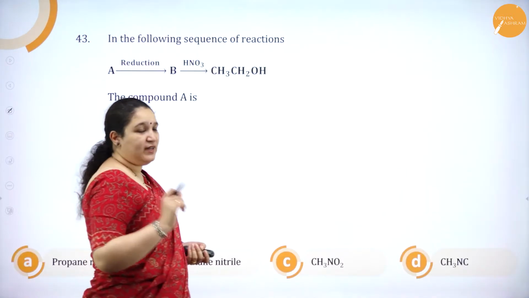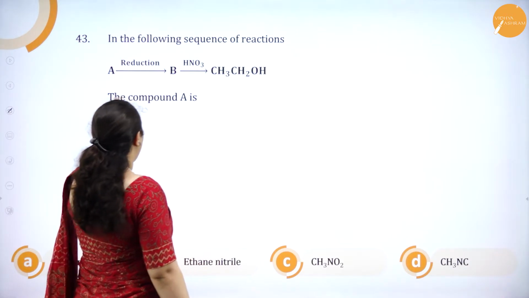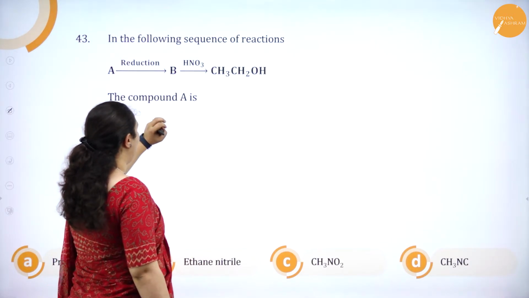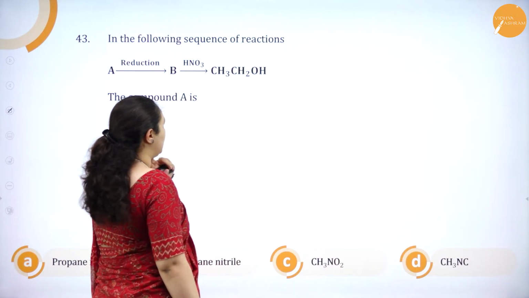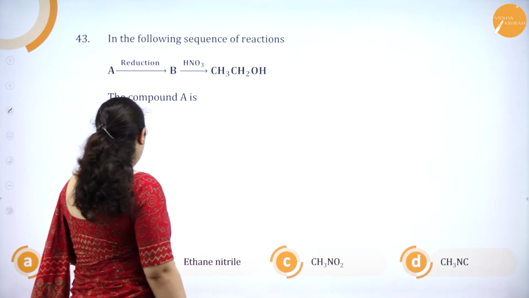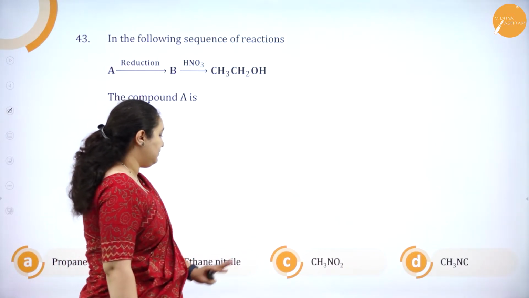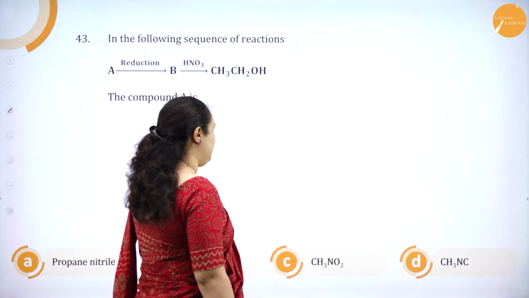Next question, 43rd question. In the following sequence of reactions, A giving B, which is undergoing reduction, B is giving CH3CH2OH in the presence of HNO3. What is the compound A? Propane nitrile, ethane nitrile, then we have CH3NO2 and CH3NC.